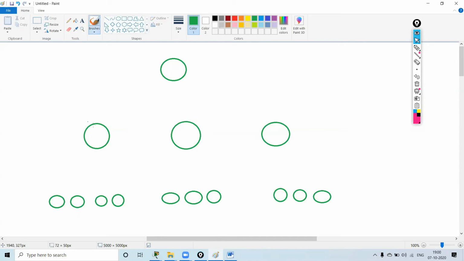Now these are connected. Sorry, I'm using a mouse, so it is not so good.